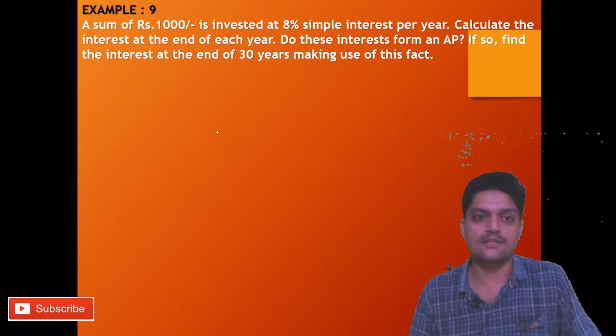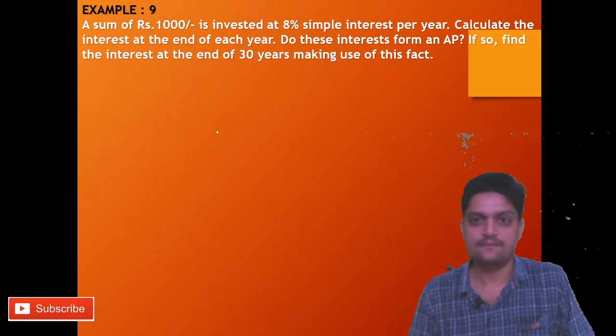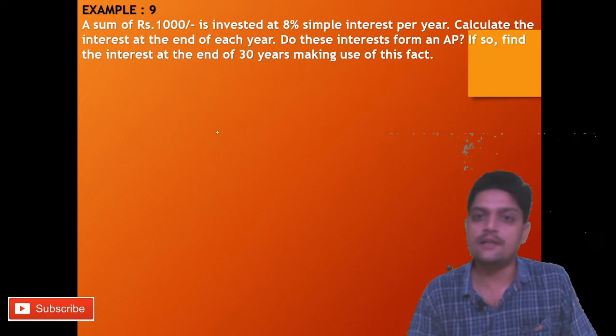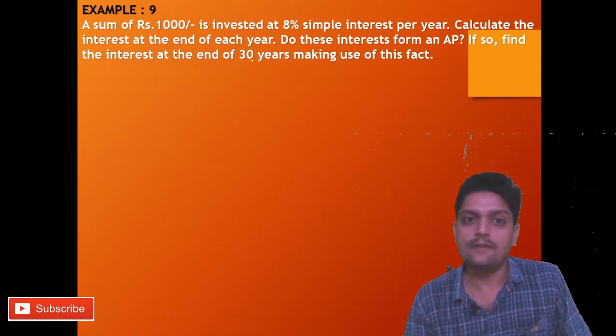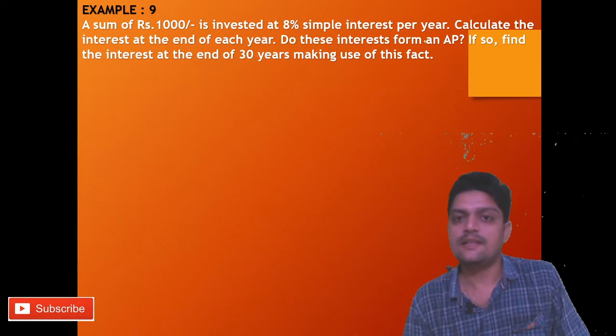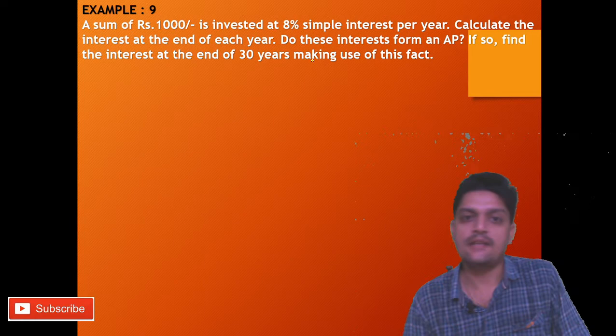Calculate the interest at the end of each year. For how many years is it invested? For 30 years. Find the interest at the end of 30 years.